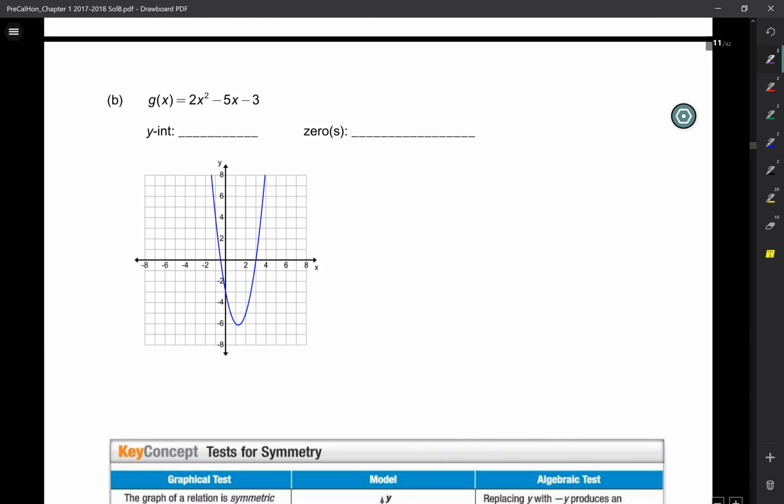All right, here, y-intercept. We're going to plug in 0 again. So it's at negative 3. No. Just put negative 3 comma 0. Oh yeah, y-intercept.